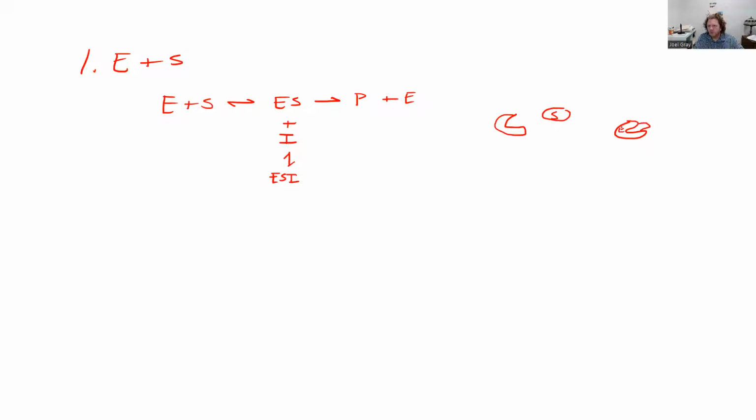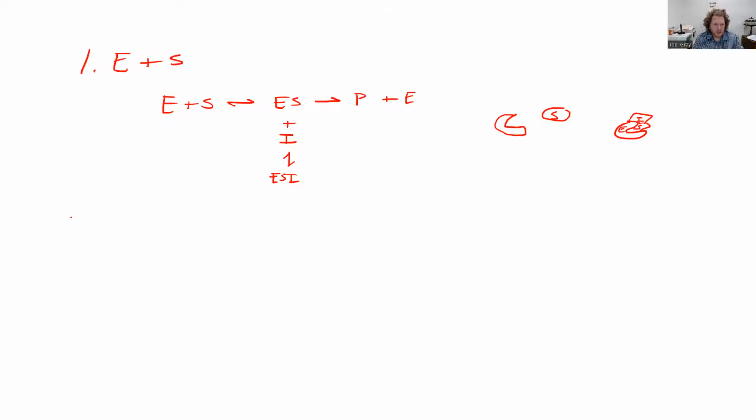So this is our E, this is our S. I always like to imagine some cleft or some surface at the interface between the enzyme and the substrate, or something about the enzyme has changed to facilitate the inhibitor binding. Okay, so that's kind of an illustrative representation.